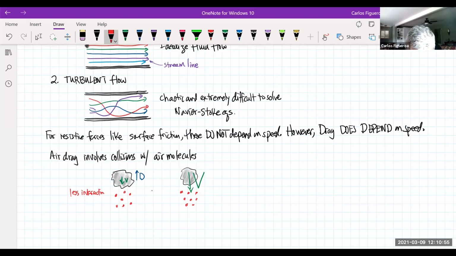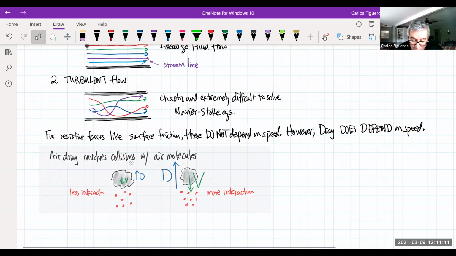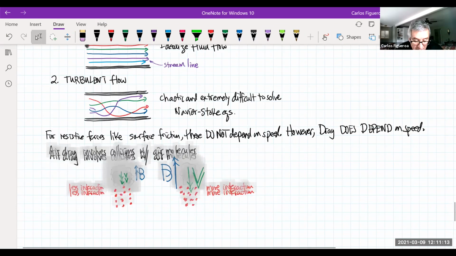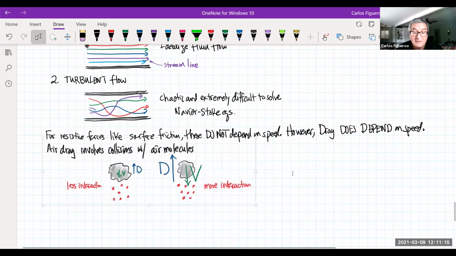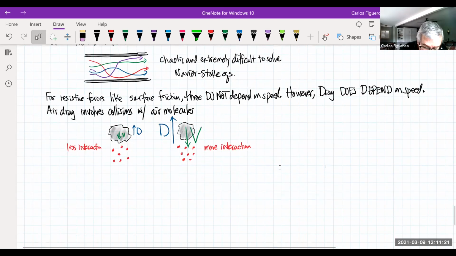But if I'm moving faster, there's more interaction with the air molecules, and therefore the drag is larger. So these forces definitely depend on speed because you're talking about more collisions with the fluid. And so this is sort of the rule of thumb.